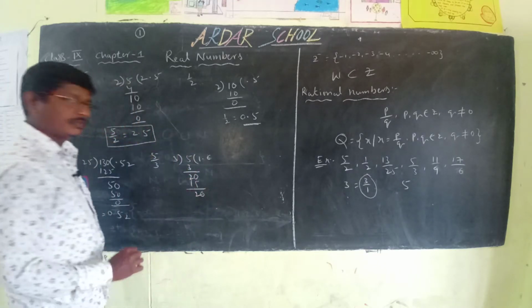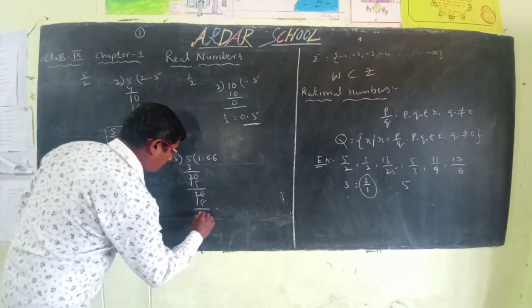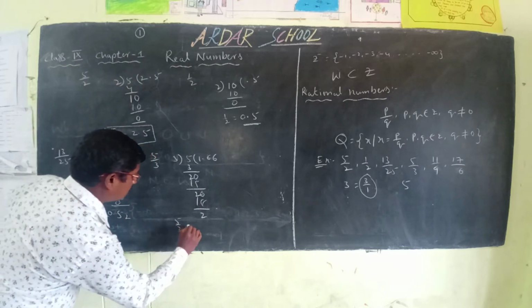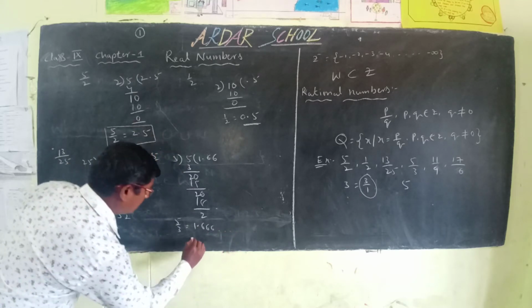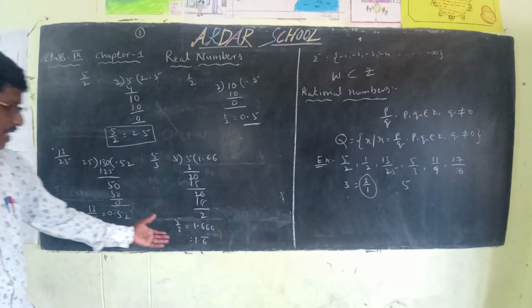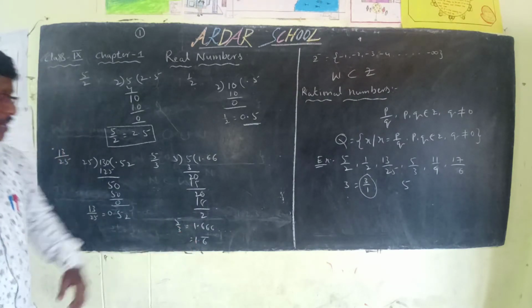Take 0, 3 sixes are 18. This is continuous. Therefore 5 by 3 is equal to 1.666, that is 1.6 bar. So 5 by 3 can be expressed as 1.6 bar.